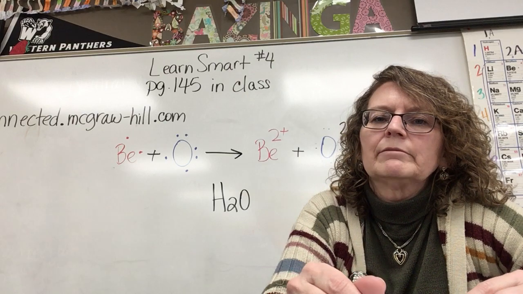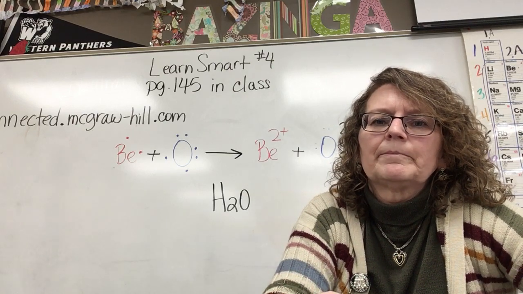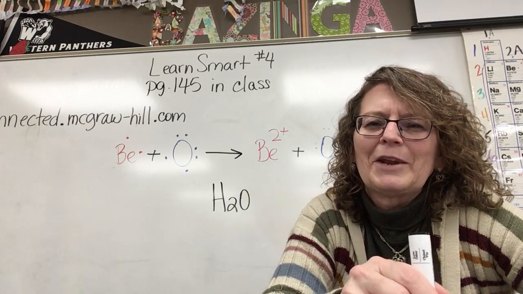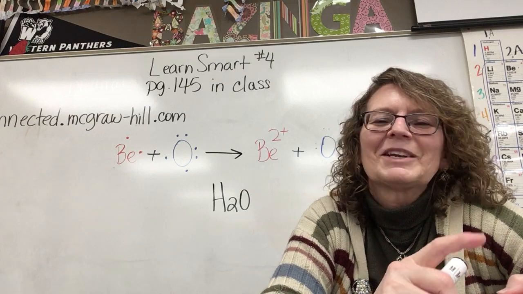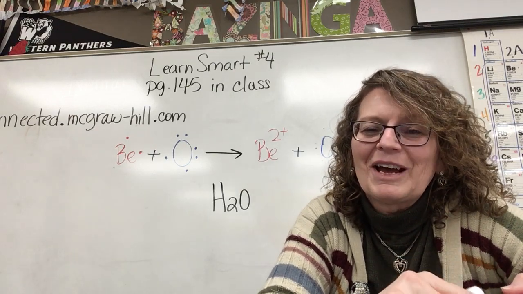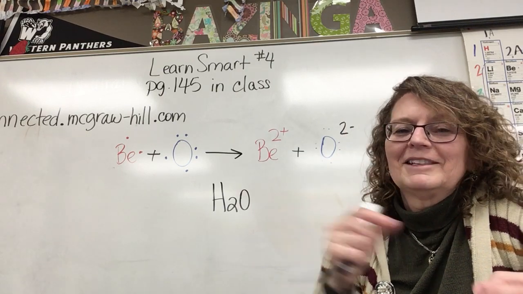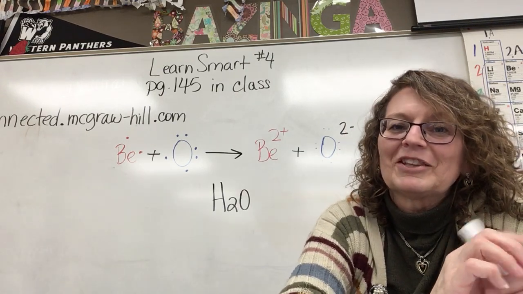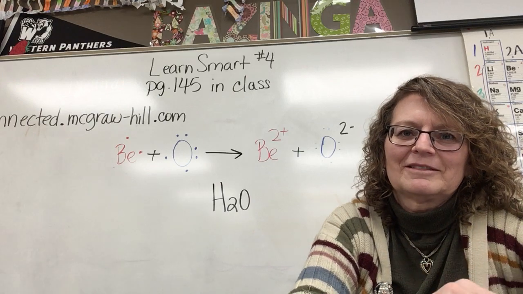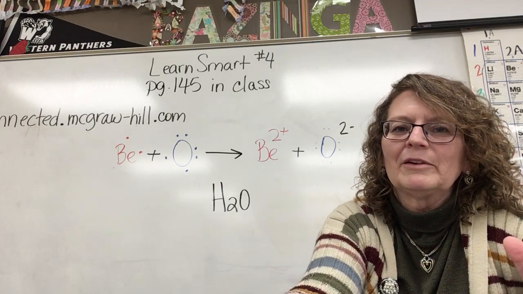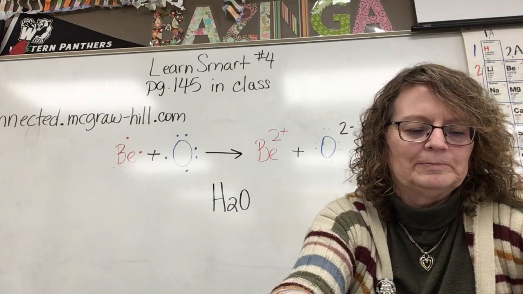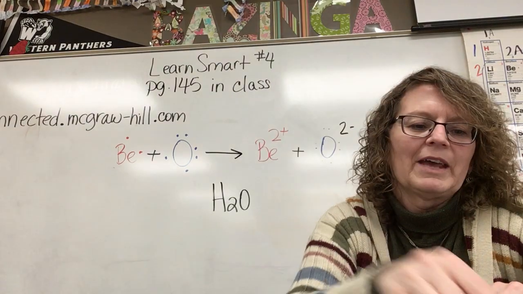NaCl, sodium chloride. Sodium is a metal. Chlorine is a gas, which is a nonmetal. Metal to nonmetal is ionic, because there's the transfer of electrons. They move from the metal to the nonmetal. That's how they do that.